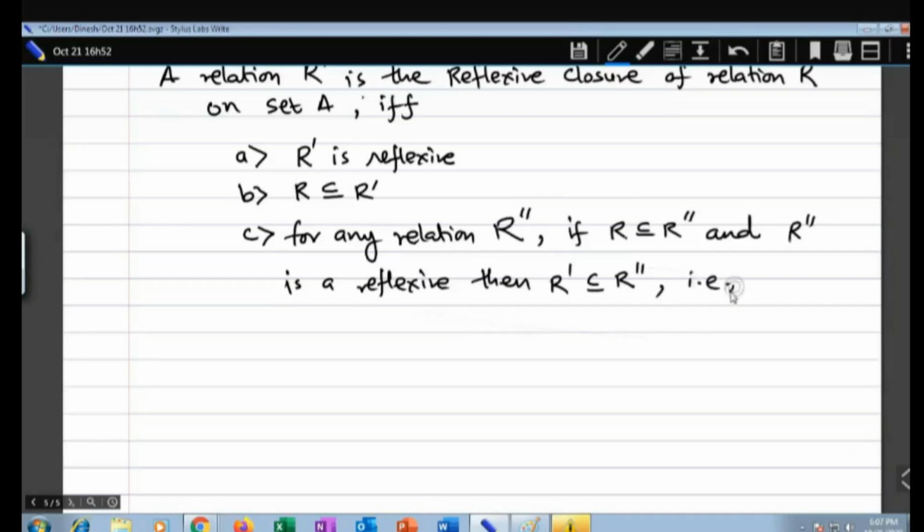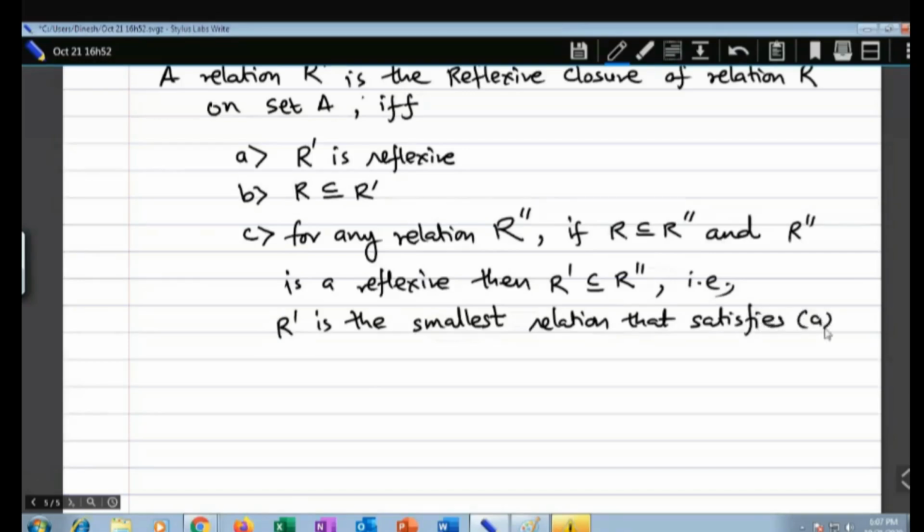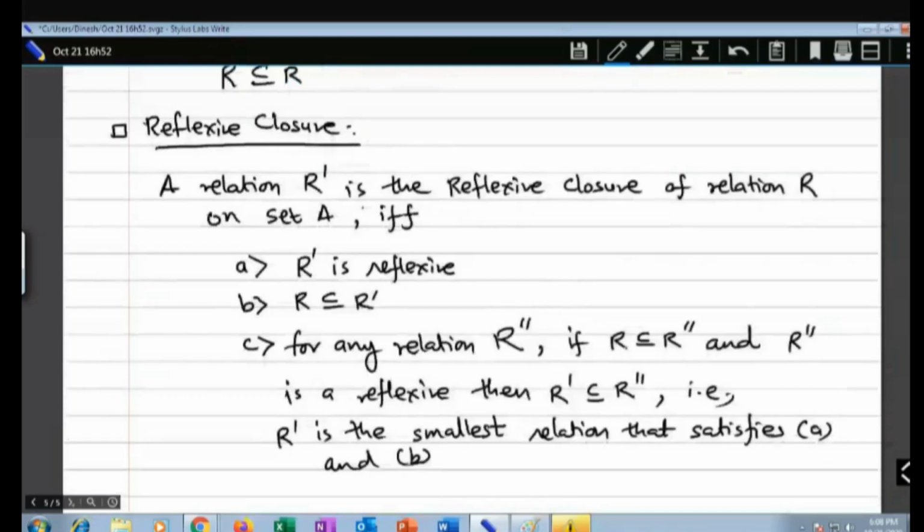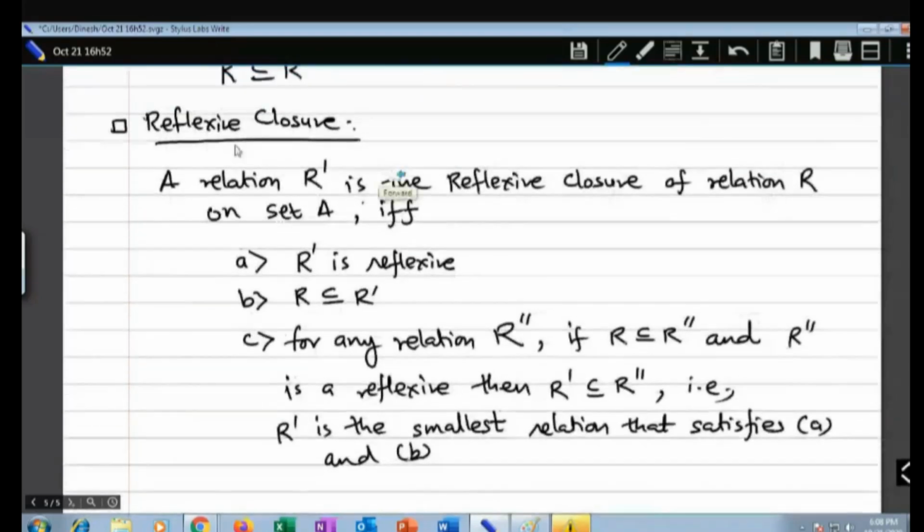Okay, that is what you say, that R dash is the smallest portion, or you say smallest relation, that satisfies condition A and condition B. Okay, so you want to have the smallest thing to be added to R such that it will make that particular relation reflexive.